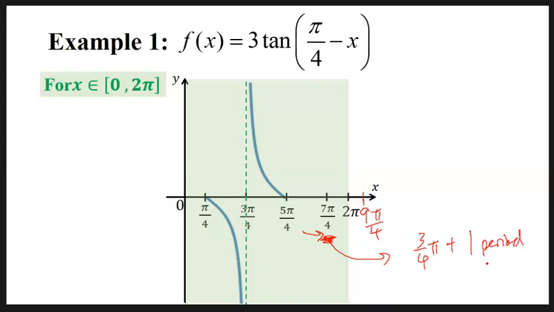And in this case here, the 1 period that I have is equivalent to the value of pi. And therefore, we complete our graph. This is how it should look for the case of x from 0 until 2 pi, which is 0 until 360 degrees.